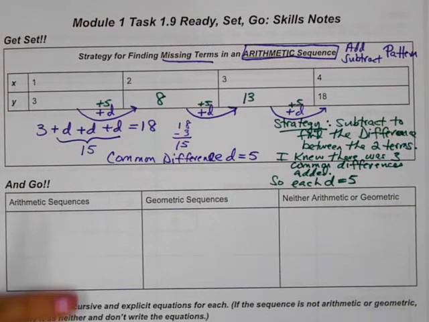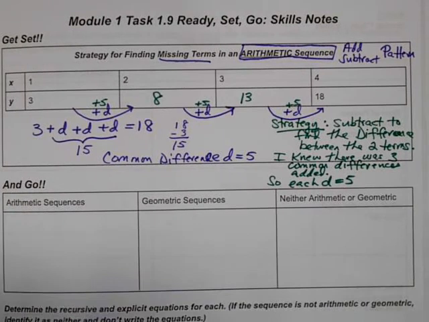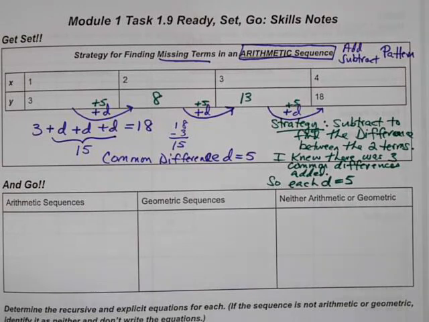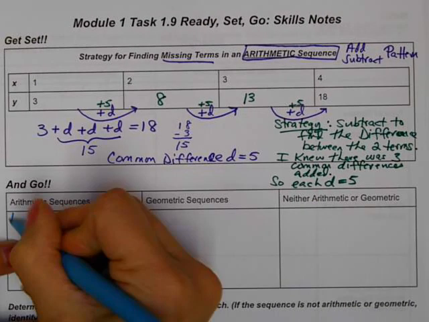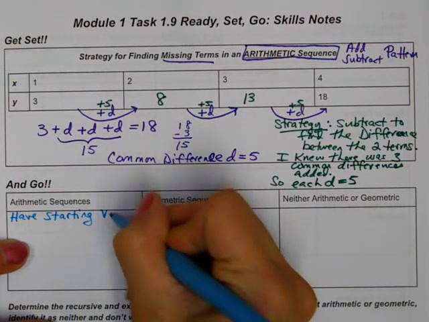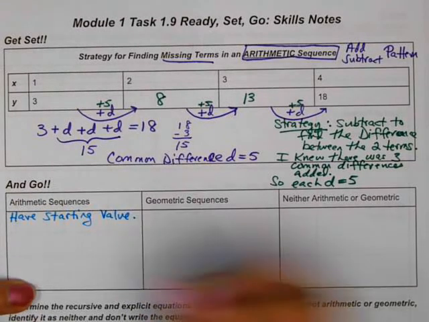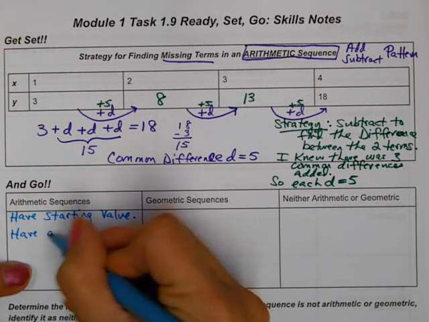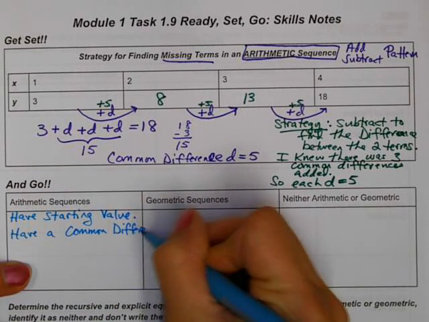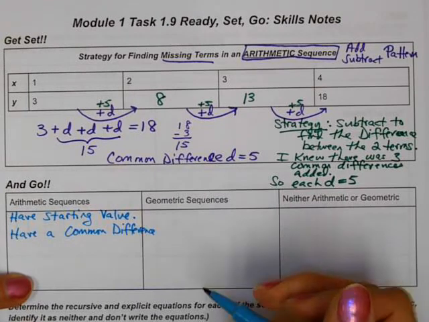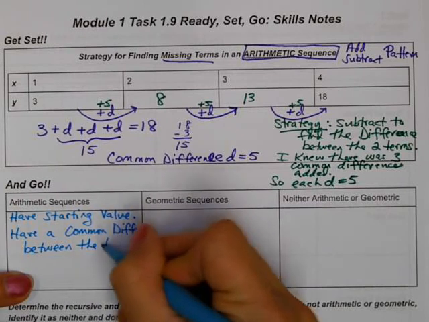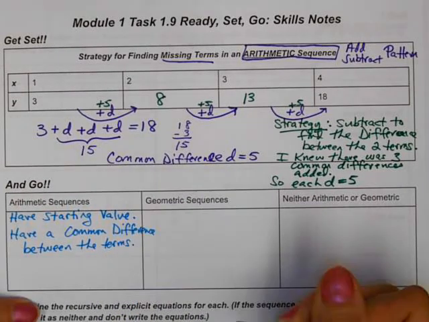D stands for difference. So when you have an arithmetic sequence, what are the things that are going to happen? Arithmetic sequences have a starting value, and then they also have a common difference between the terms.